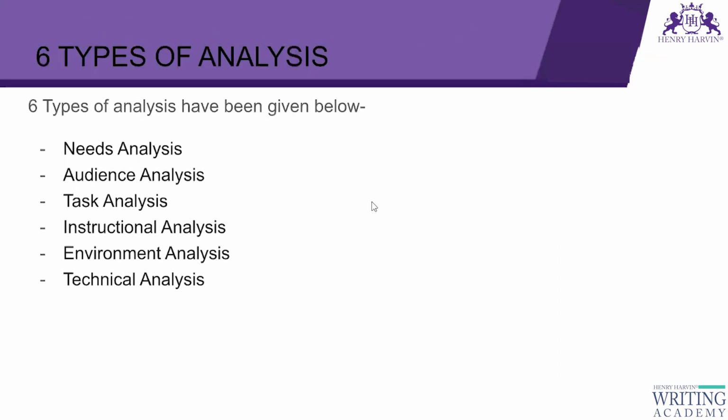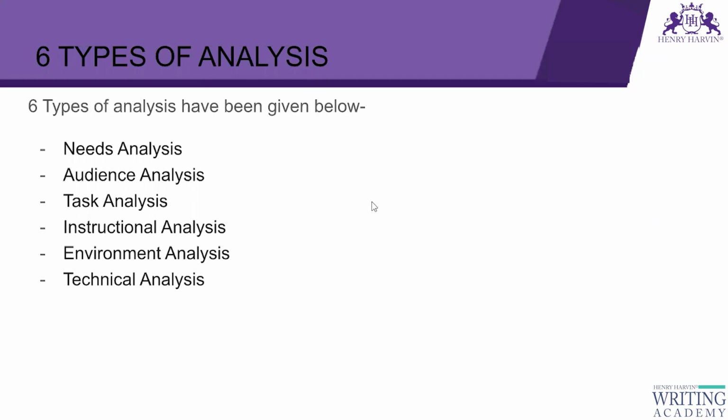Now, 6 types of analysis. Please note it down. I think you are already aware of all those things. One is needs analysis. We call it training need analysis, TNA. Another one is training need identification, TNI.